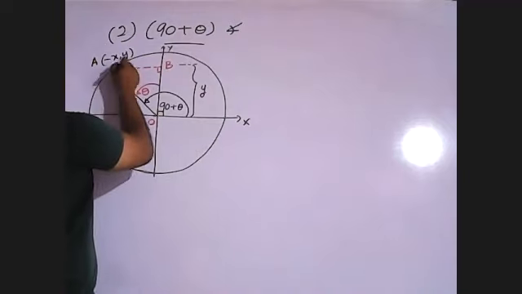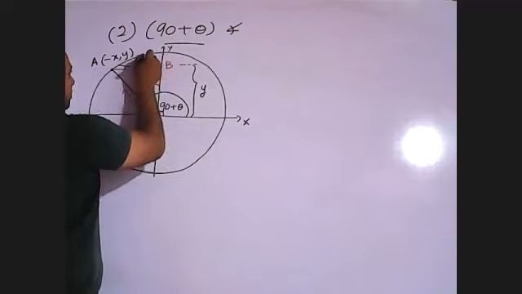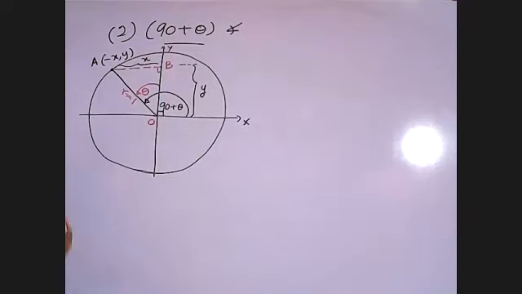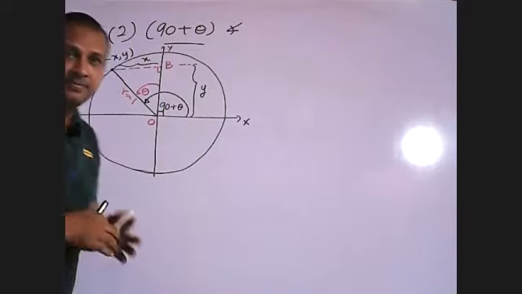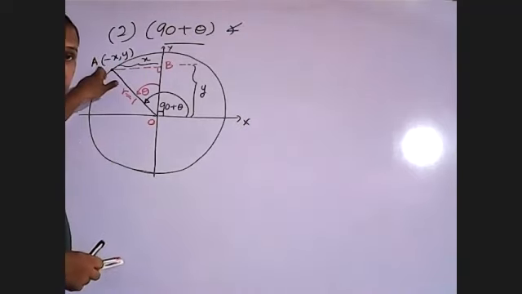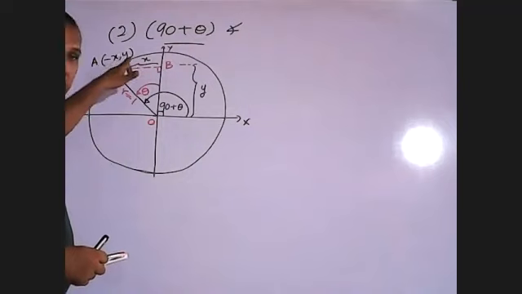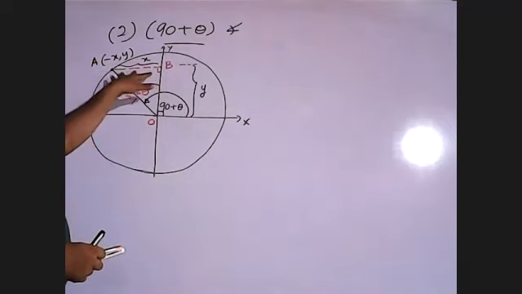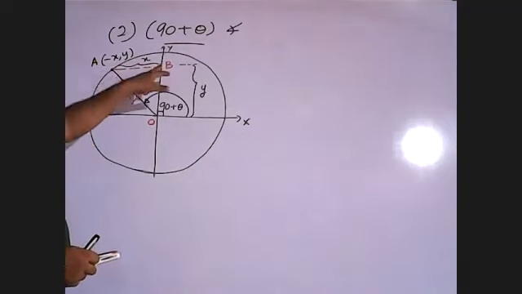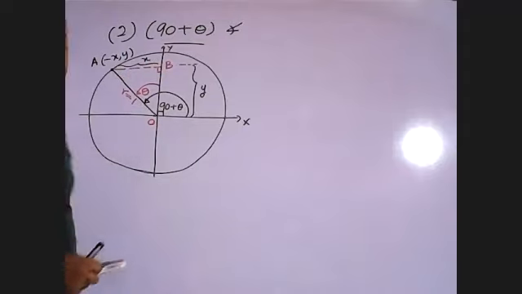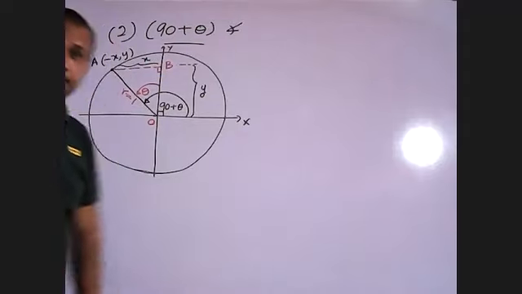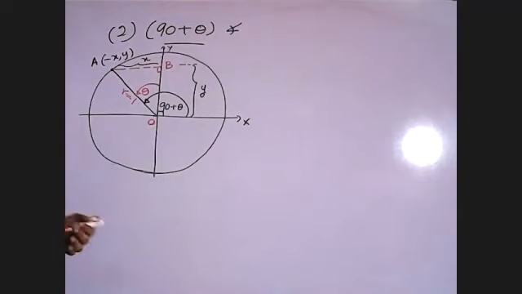And this length is equal to x. Did you understand this one? As the coordinate is minus x comma y, this length is equal to x, and this height is equal to y. Did you understand this one? Yeah, good.